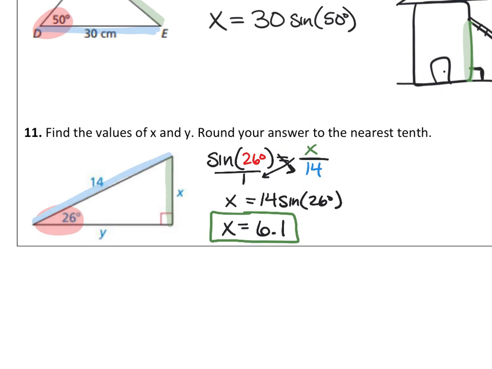But this question goes on because it doesn't want you to just find x. What does it also want you to find? The x and the y. Okay, so look at y. Compared to the angle we know, what is y? The adjacent.